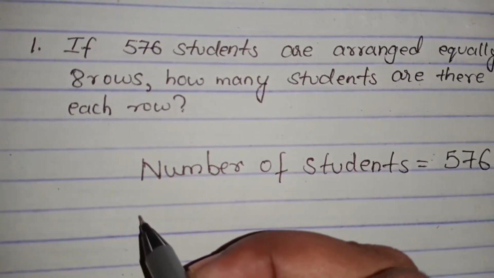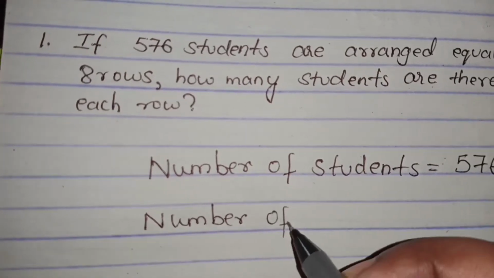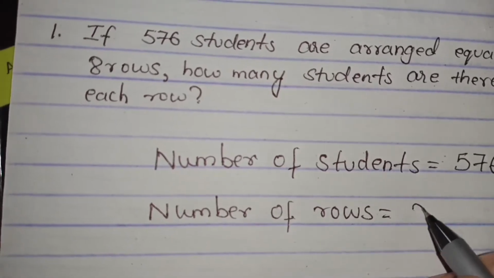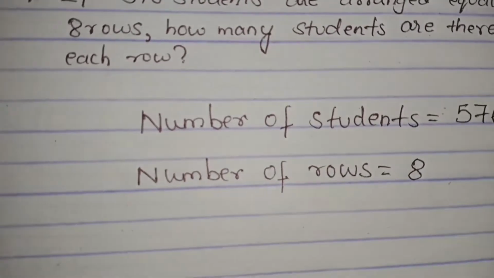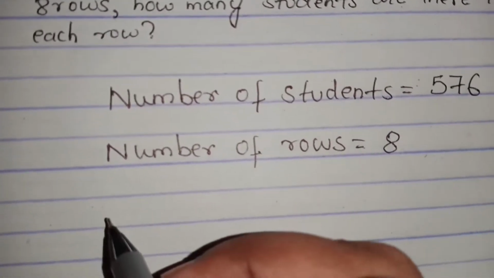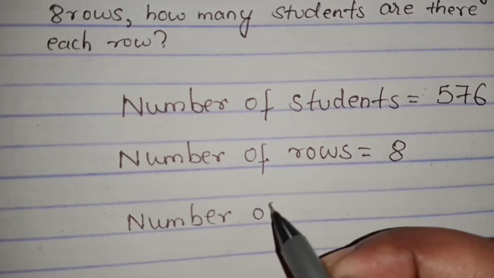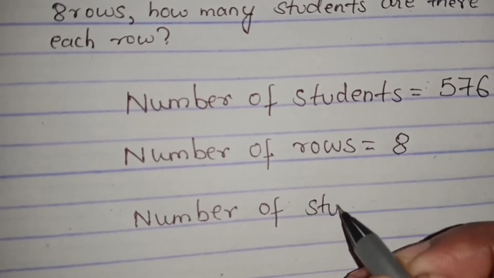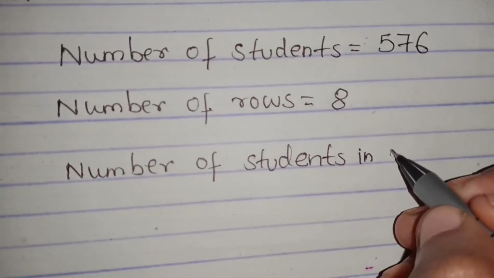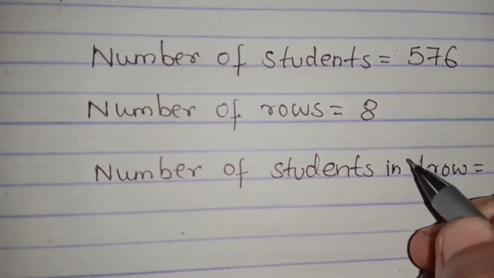How many rows are there? 8 rows. And we have to find the number of students in one row, so we will write that next. To find in one row, what we have to do?